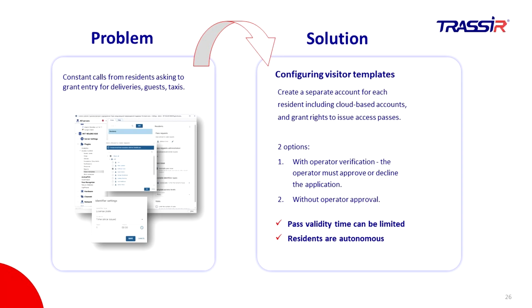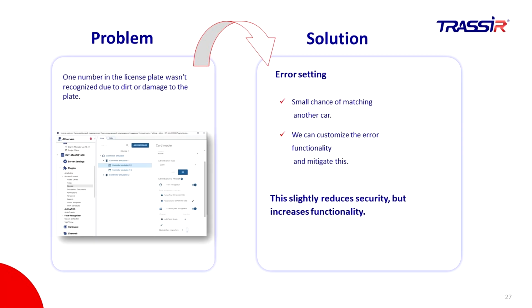We can facilitate the work of security and speed up the process of passing cars. You can make an account for each family on the territory of the residential complex. Each resident will be able to independently enter data about upcoming visitors. In particular, you can set limits on the number of passes or on time. It is very convenient. The second point is the number is not fully recognized.